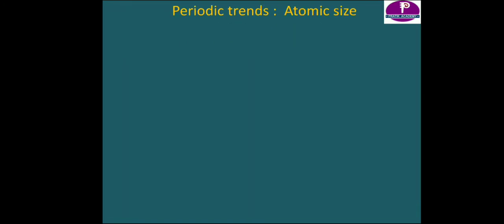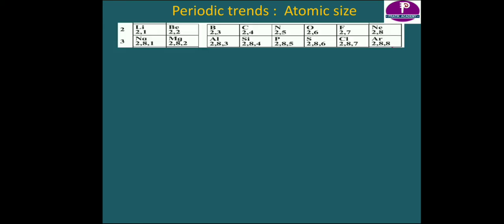Now let's see how atomic size changes in a period. So consider the second period or third period. Here we can observe that if you go from left to right, the number of electrons increases one by one. In the third period also, the number of electrons increases one by one.